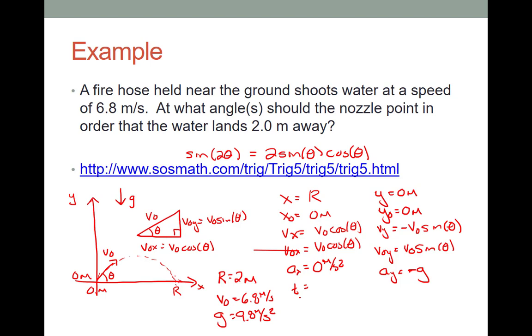So it seems logical that you would have to use the x equals x naught equation in order to bring in the piece of information you're given. But as we've seen, in order to use that equation, we have to know time. So it makes sense that you're probably going to have to find time first. If you look at the vertical equation, you have all the pieces there to use the y equals y naught equation to find time. So let's start there.